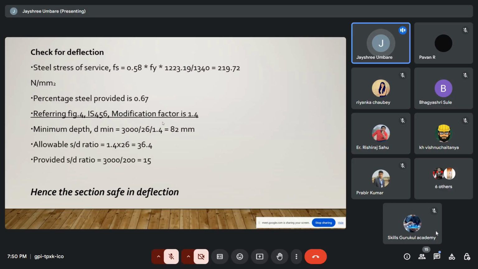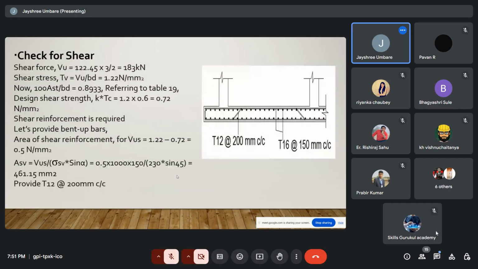Then use this modification factor for minimum depth. Then it will be 82. Allowable ratio is 36.4, and provided ratio is 1.15. Hence the section is safe in deflection.